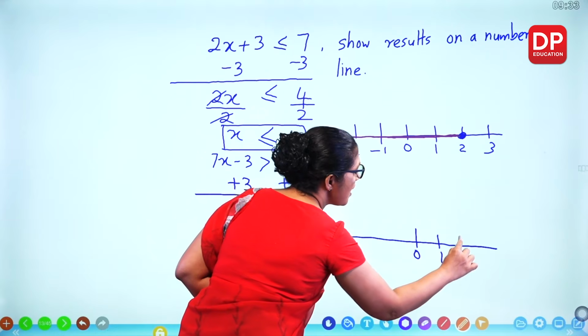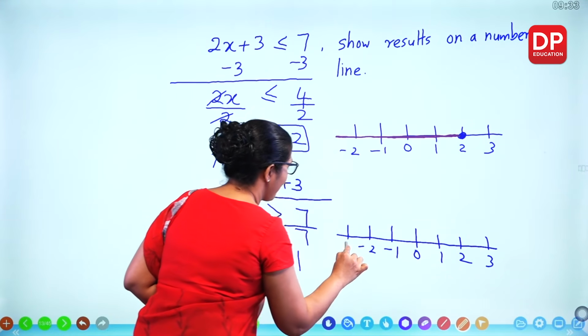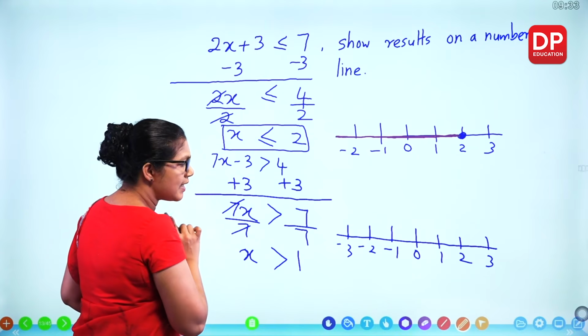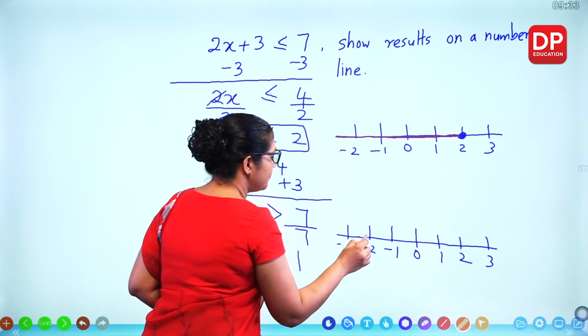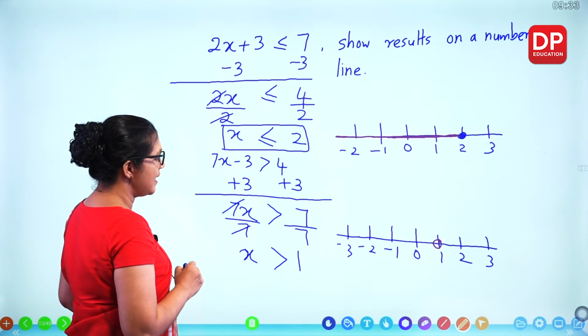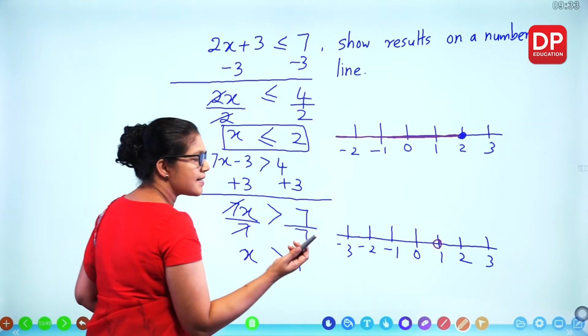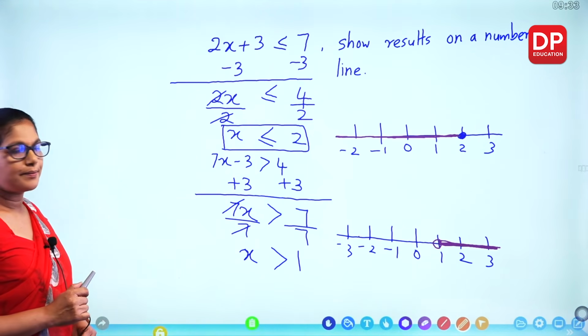I can mark the numbers like this. 1 is not included, so I can draw an open circle like this, and greater means right hand side, so I can mark that side.